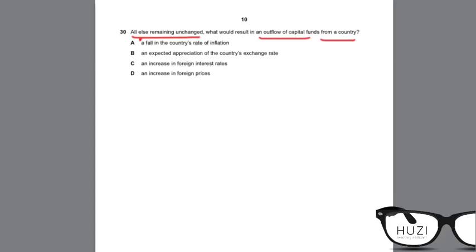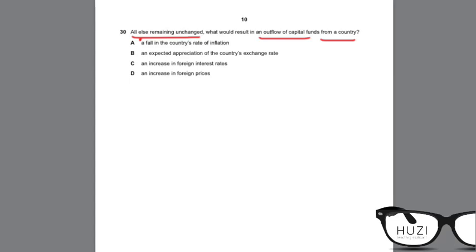I don't know about this one. Option C is an increase in foreign interest rates. So these are capital funds. If an outflow of funds means they're going from one country, this means that most likely they're being invested in another country, right?